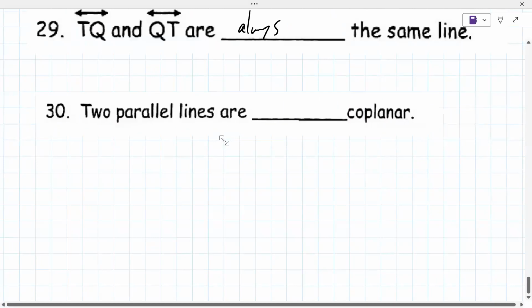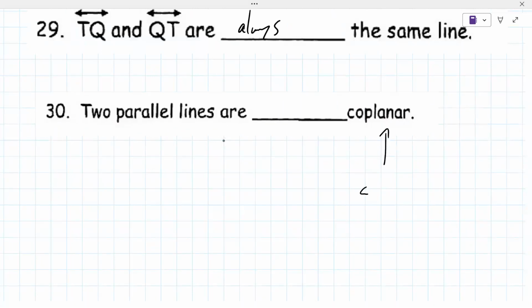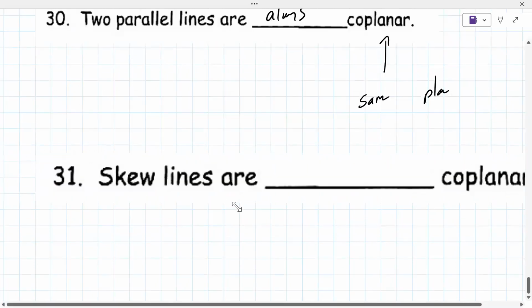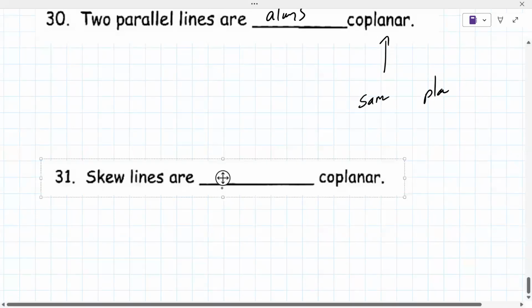That's what coplanar means. That means the same plane. This isn't always true. What does that tell you about 31 then? Never. They're never on the same plane. They can't be. I mean, it's a definition.